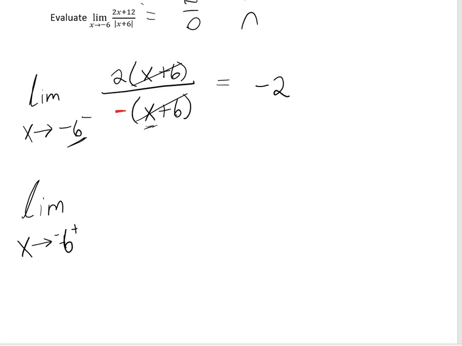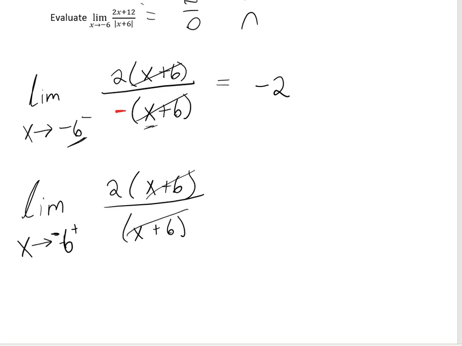Now in the next one, if I take numbers a little bit bigger than negative 6, for example negative 5.999, remember it's negative, so the smaller the absolute value is, the bigger the number is. If I add negative 5.999 to 6, I'm going to get a positive value, so I don't need to multiply by that negative.